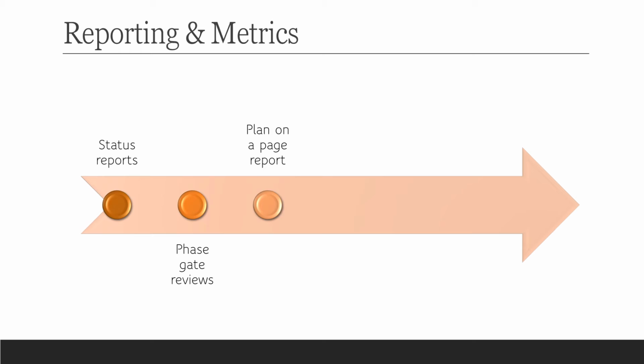Then we have the plan on a page report, which is a high-level view of a project, program, or portfolio plan. It usually contains milestones. It will contain key dates for each of the activities that need to be delivered. It will talk about what's been achieved and what's going to be achieved in the next tranche of work. It will have finish dates, and it could also have an indication of resources and costs.